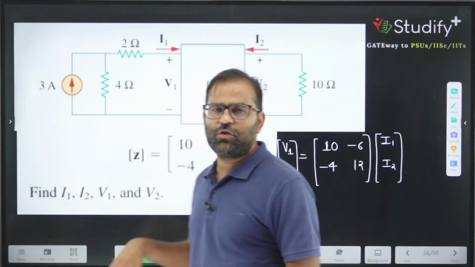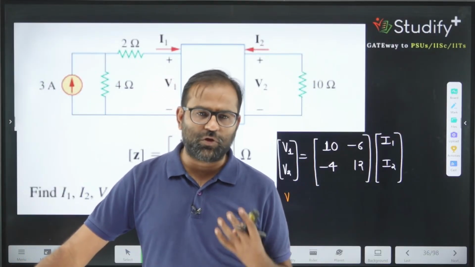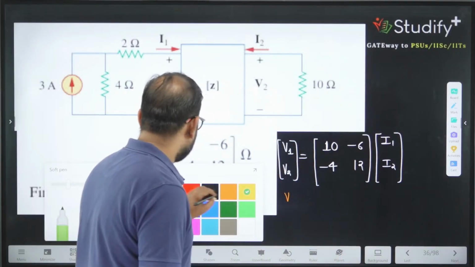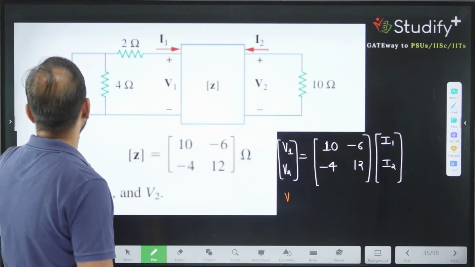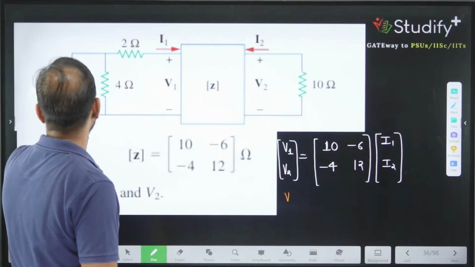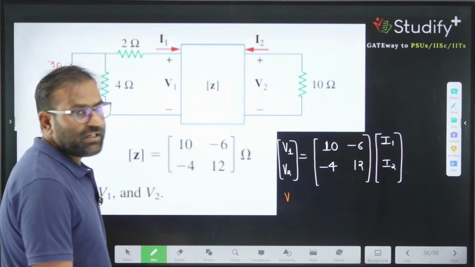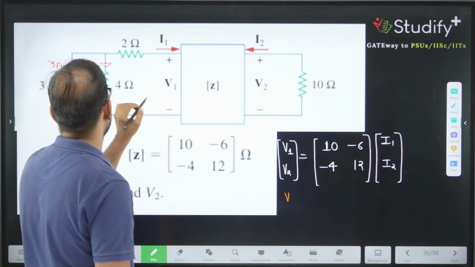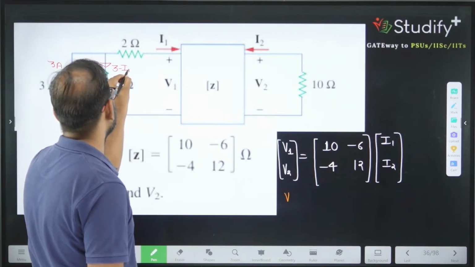Because we are interested in 4 variables, we need 4 equations to solve for them. If this current is 3 ampere and the current going away from this node is I1, can I say the current going through this 4 ohm is 3 minus I1?